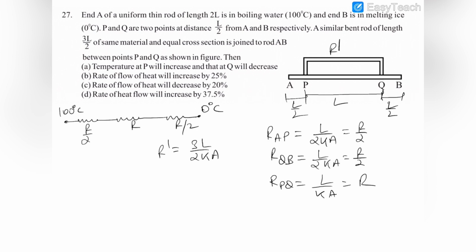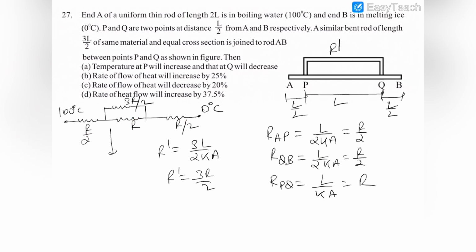So R dash is therefore equal to 3R by 2. So I can connect a resistance of 3R by 2 here. So you can see that in this case, this is 3R by 2, this is R by 2, and this is R by 2.